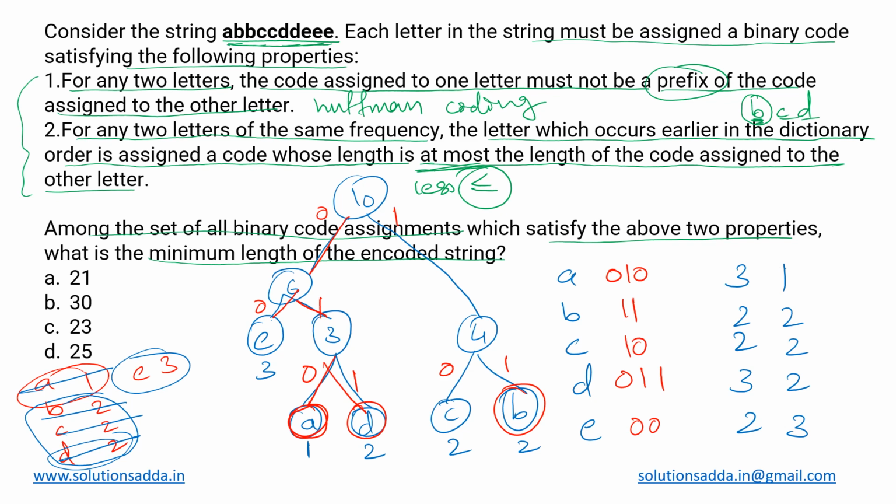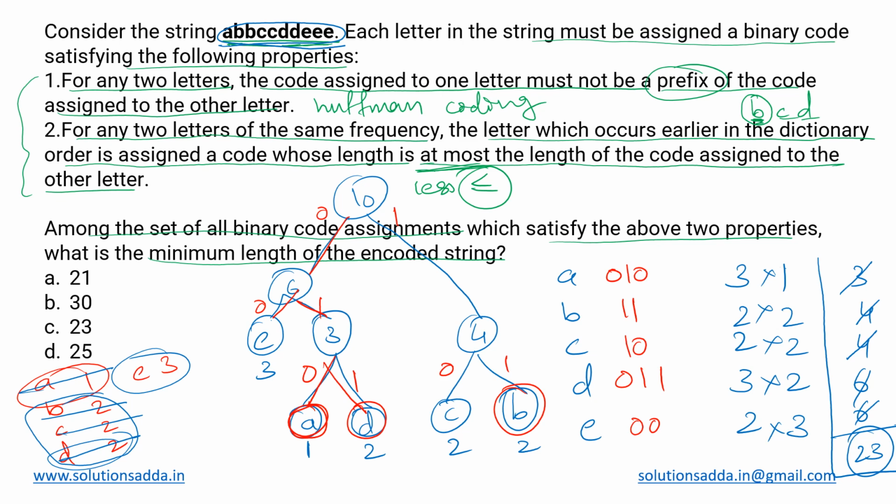So we'll just multiply them all and take the sum. That will give us 3, 4, 4, 6 and 6. And what does it sum up to? 3 and 4 is 7, plus 4 is 11, 11 and 12 is 23, which means the total length of the encoded string for the given string will be 23. So that is our answer.